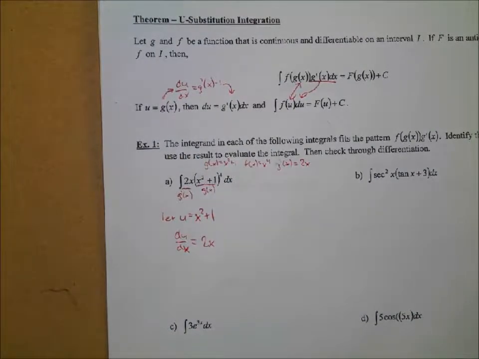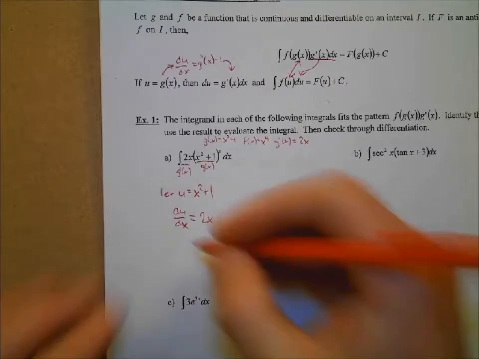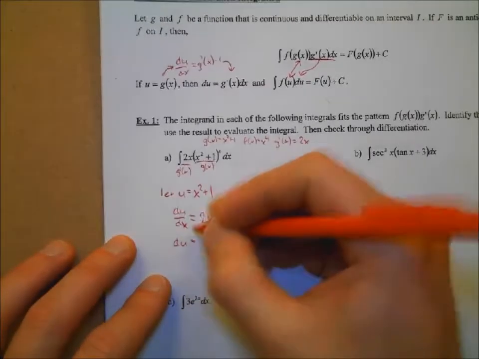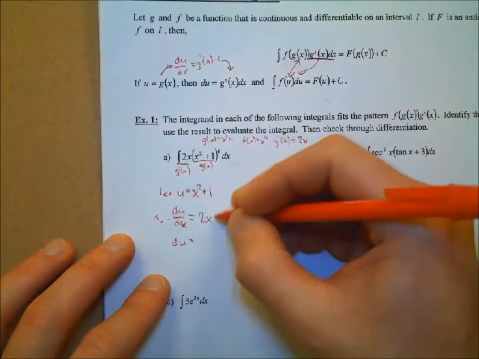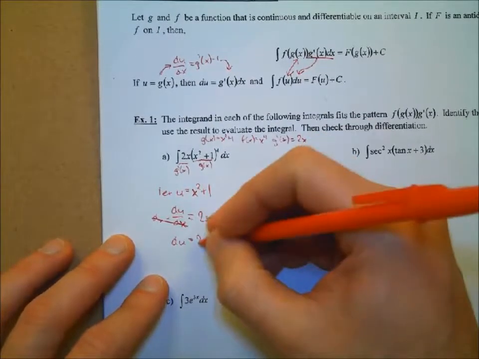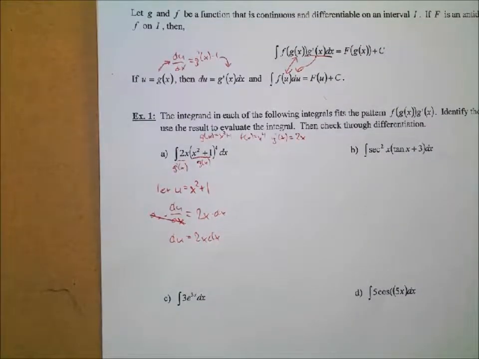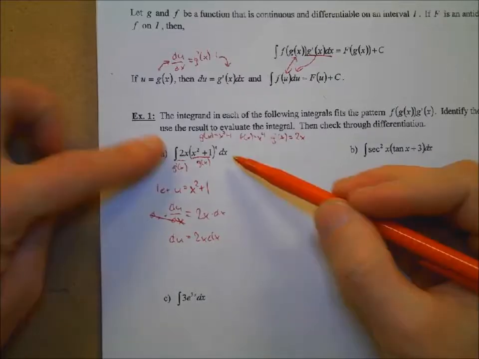So one final step: I'm going to multiply both sides by that dx, so the dx's will cancel. I'm left with du equals 2x dx, which is exactly what we have right here.